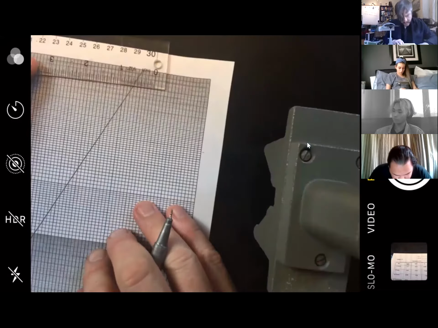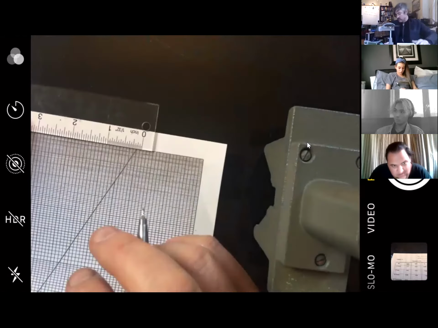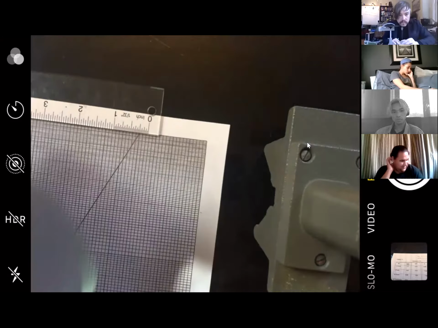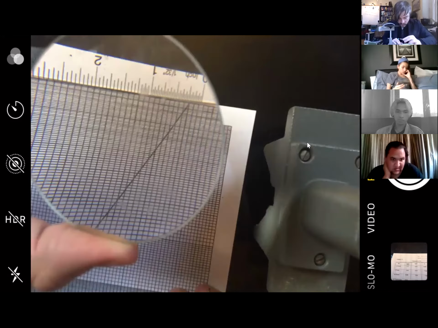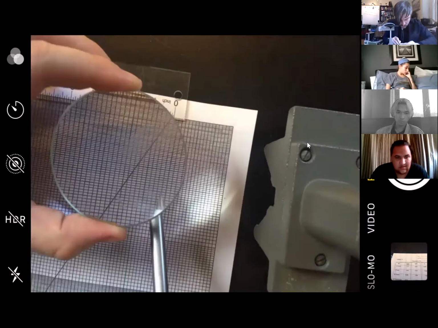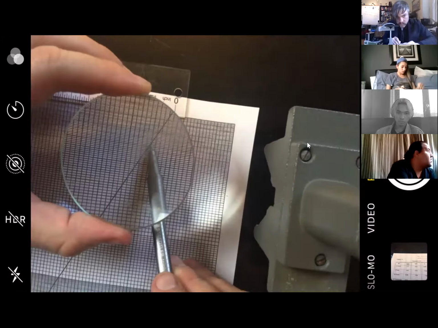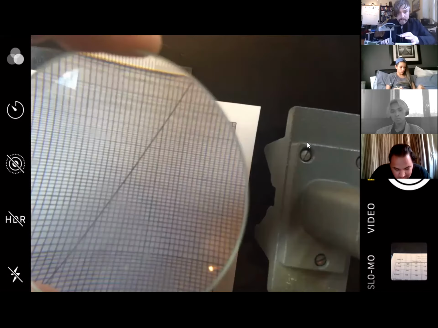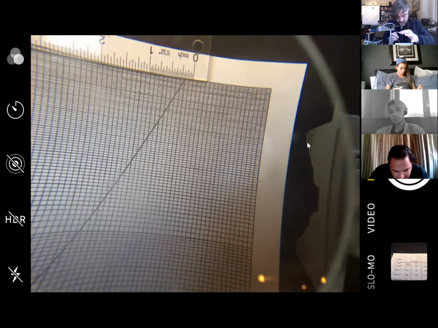Okay, it's actually, oh my God, this is really horrible. Do I have a magnifying glass here? Oh, sorry, it's a little smudgy. Cool.